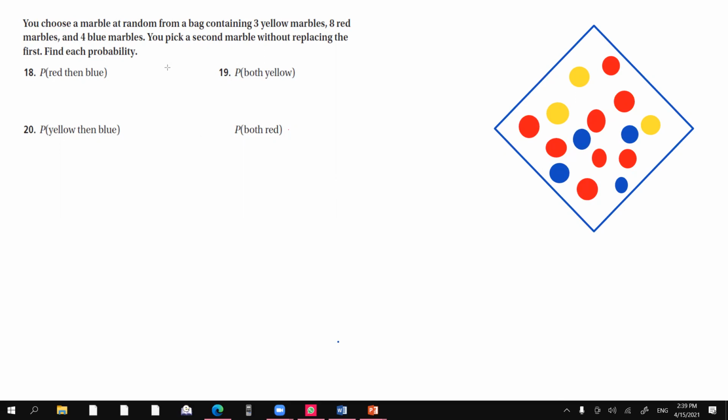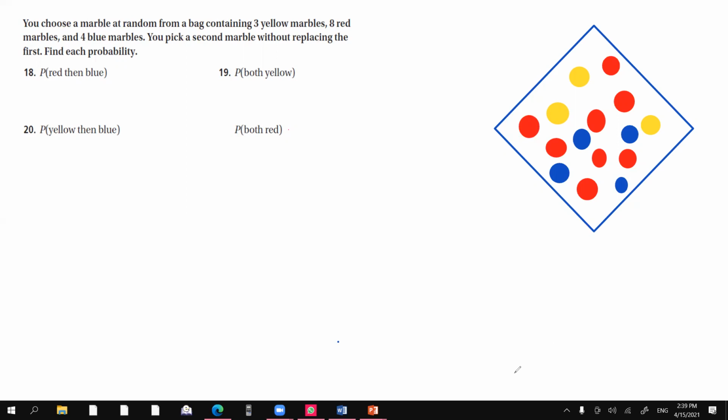You pick a second marble without replacing the first. So here, I take the first one and I don't replace it. I keep it in my mind. Find each probability. Now, the probability of red, then blue. First of all, how many marbles do I have in my bag here? 15.